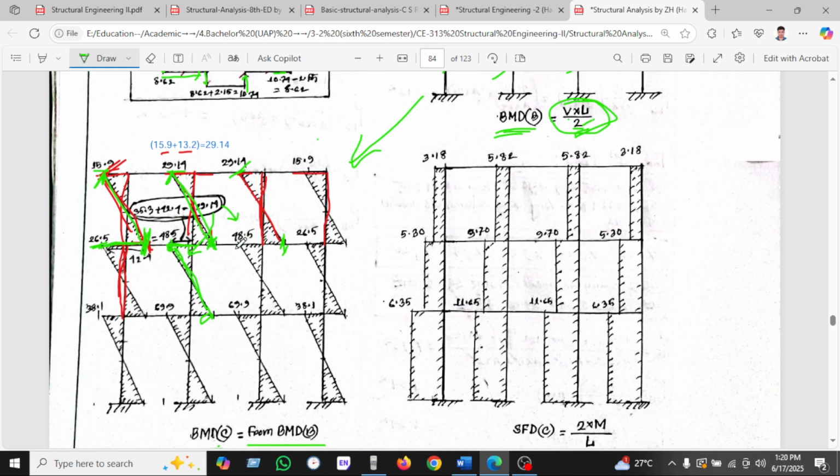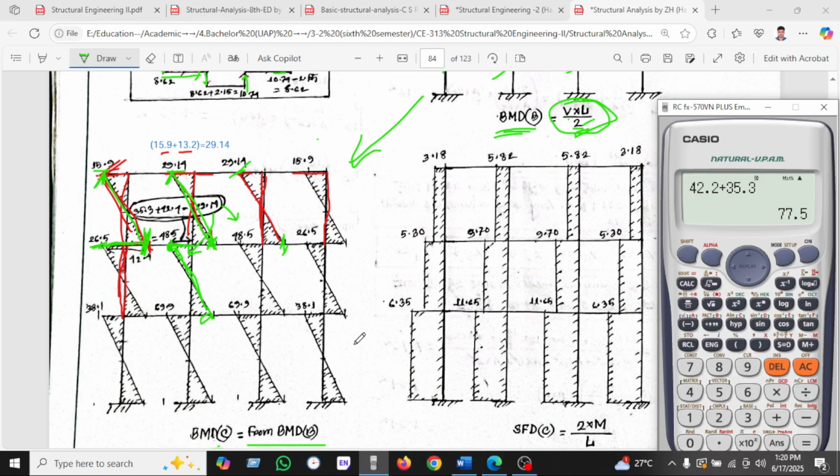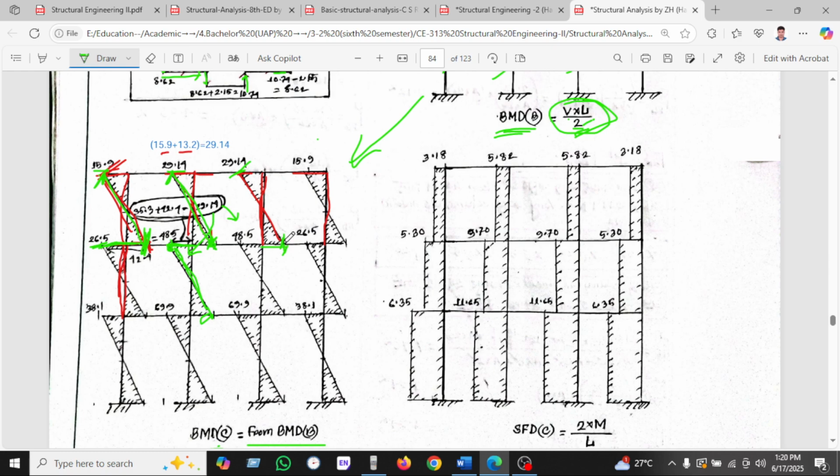Okay, so 77.5 will be taken by this column, and of that we already have 29.4.